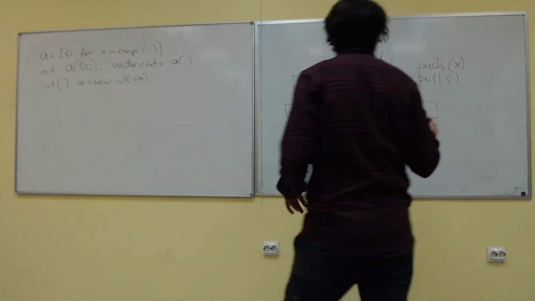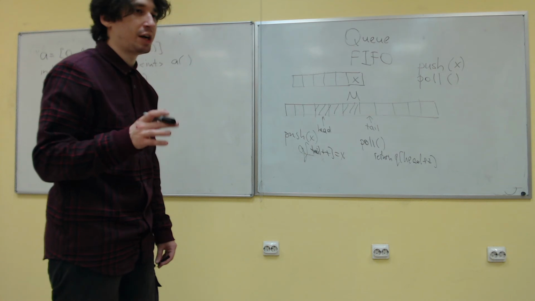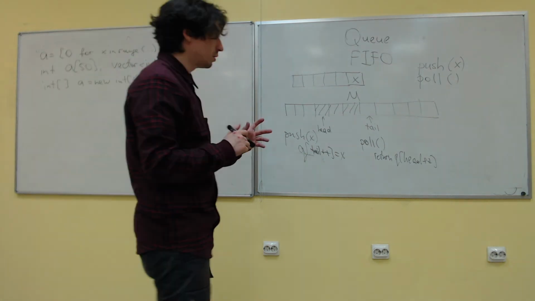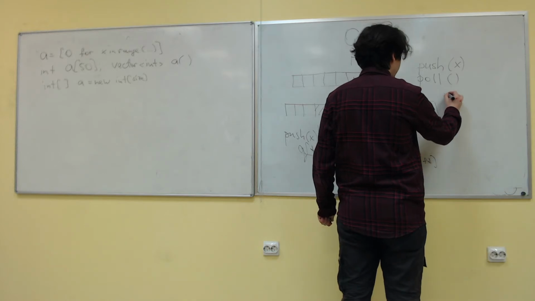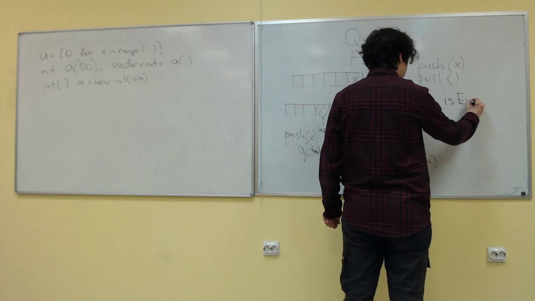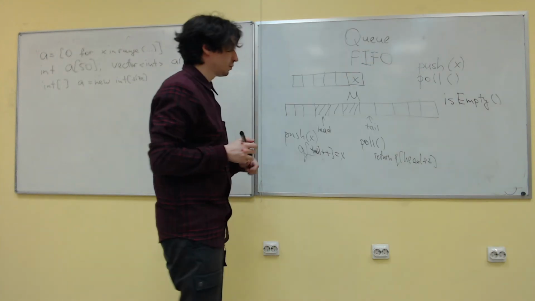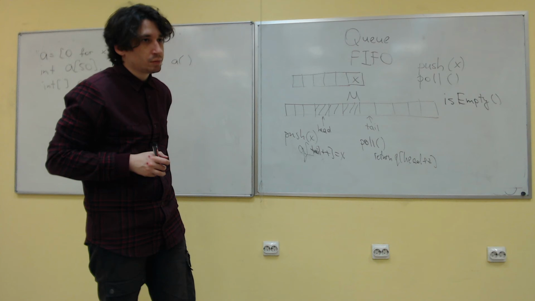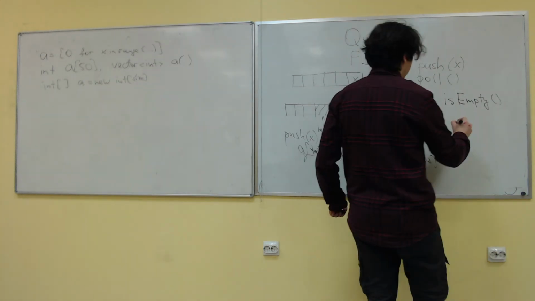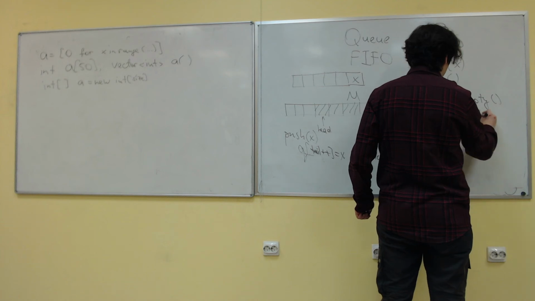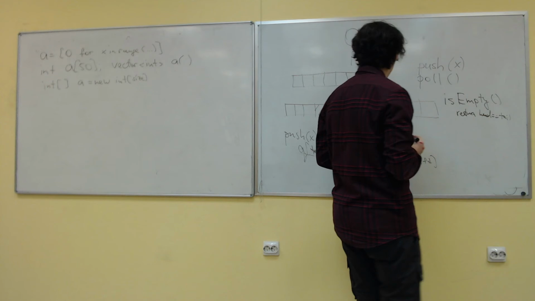I'm just checking, I'm asking stupid questions kind of here. I just want to know whether you're here or not. And how to implement isEmpty? To check whether head equals tail? Yeah, that's it. Return head equals tail. Okay, good.